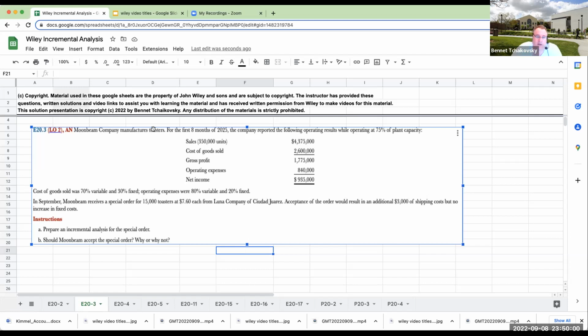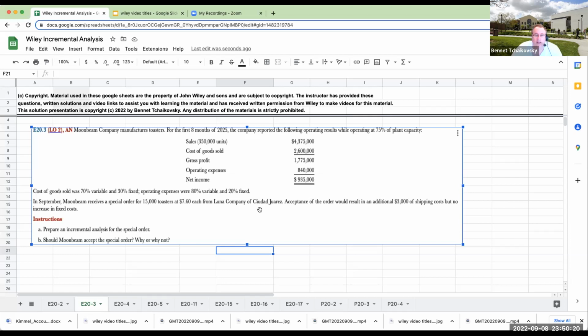So Moonbeam manufactures toasters. For the first 8 months of 2025, the company reported the following operating results while operating at 75% capacity. Cost of goods sold is 70% variable and 30% fixed. Operating expenses were 80% variable and 20% fixed.